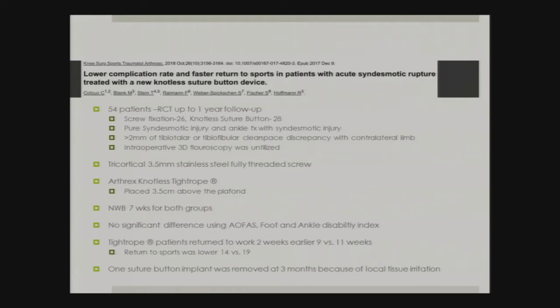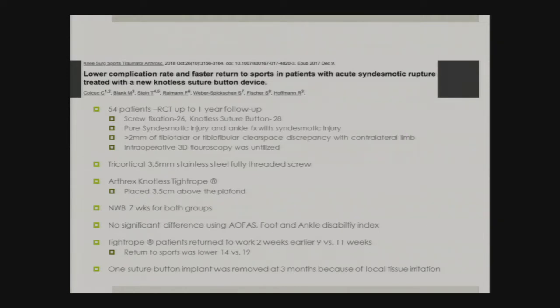So the next study here is a similar comparison. This one was done in Germany and was recently published in 2018. It was a randomized controlled trial that followed patients up to 1 year. It compared the newest Arthrex TightRope system, which is a knotless system, to screw fixation. Both groups were similarly distributed.